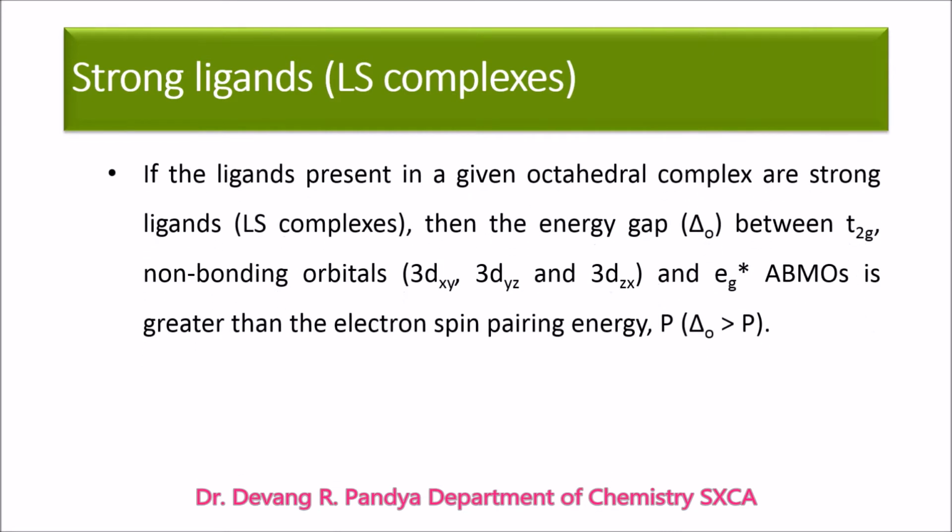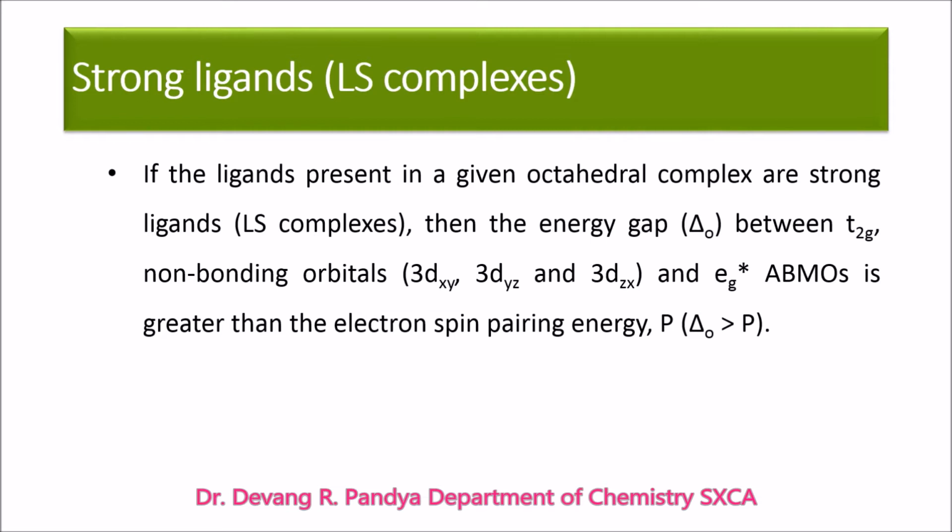If the ligands present in a given octahedral complex are strong ligands, then it's going to form a low spin complex. It means that the energy gap, that is delta O, the splitting energy between the non-bonding T2g orbitals 3dxy, 3dyz, and 3dzx, and the Eg star ABMOs, is greater than the electron spin pairing energy.